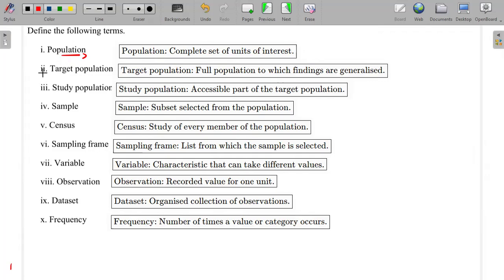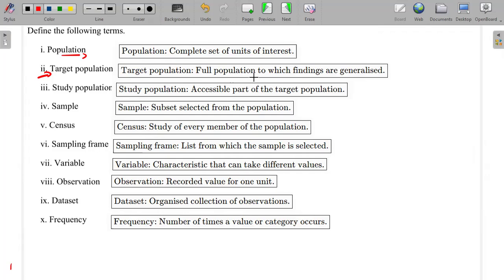Right, and then definition number 2 says target population. So there's a difference between the population and the target population. This is how we define a target population. We say the target population is the full population to which the researcher wishes to generalize the findings that they're going to find.